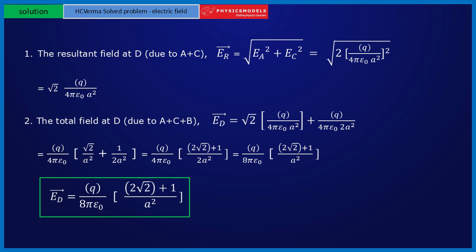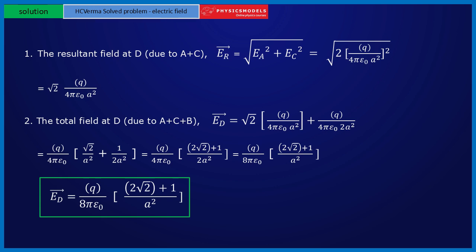The total field at D is got by adding this ER with EB. Doing that, take out Q by 4 pi epsilon 0 outside the brackets, and inside you will get root 2 by A squared plus 1 by 2A whole square.